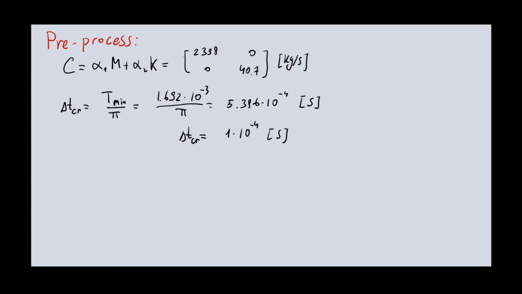Now we also need to calculate displacement u at time step minus 1. We need it because we have to start our algorithm at the 0th step using displacement at minus 1.